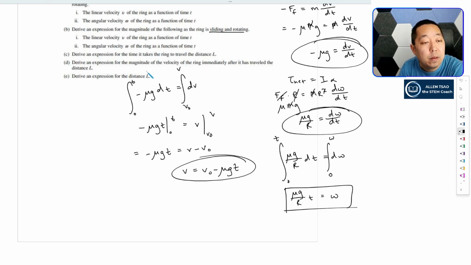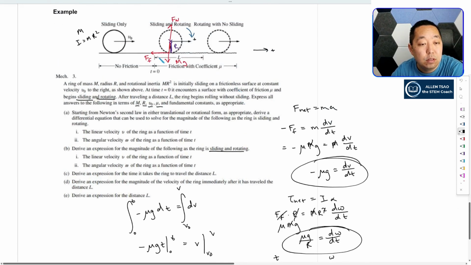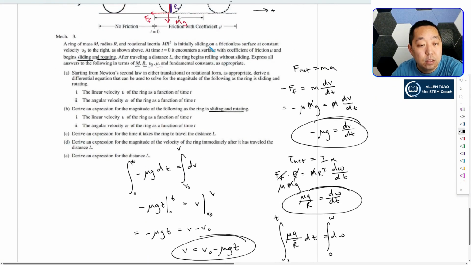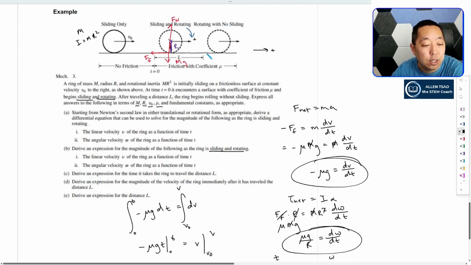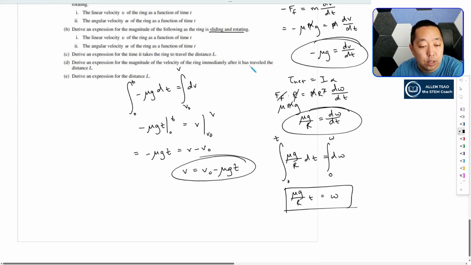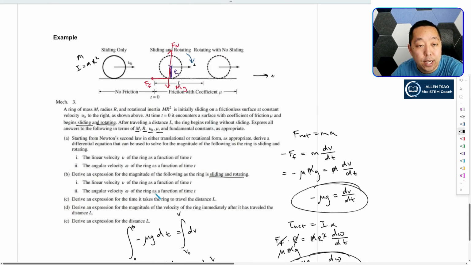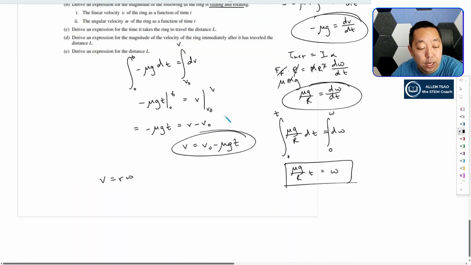Derive an expression for the time it takes the ring to travel a distance L. So we're going to travel a distance L, and L is when, now here's the tricky thing, L is when it begins to roll without slipping. So at some point, v equals rω once we get to rotating without sliding, right?